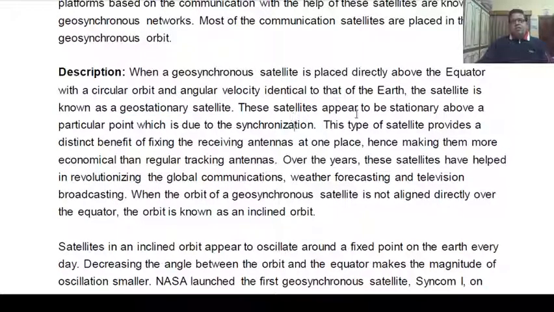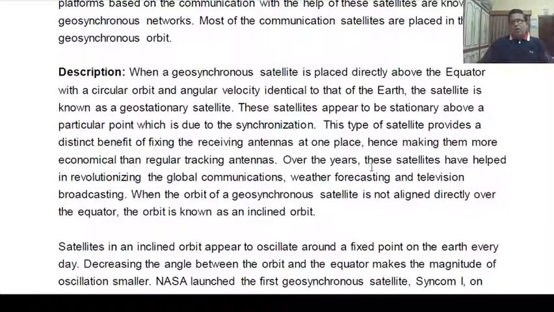These satellites appear to be stationary above a particular point, which is due to the synchronization. This type of satellite provides a distinct benefit of fixing the receiving antennas at one place, hence making them more economical than regular tracking antennas.